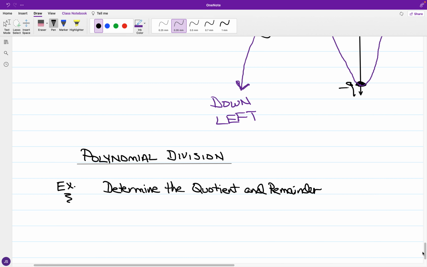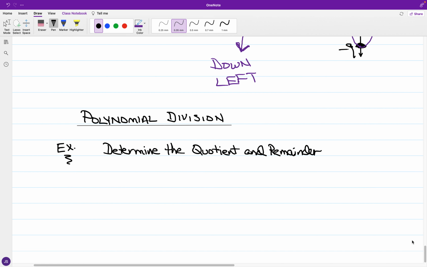Okay, first of all, for the first round, we'll be looking at cases of long division. And let's say that we have x squared plus 4x plus 9 divided by x plus 1.